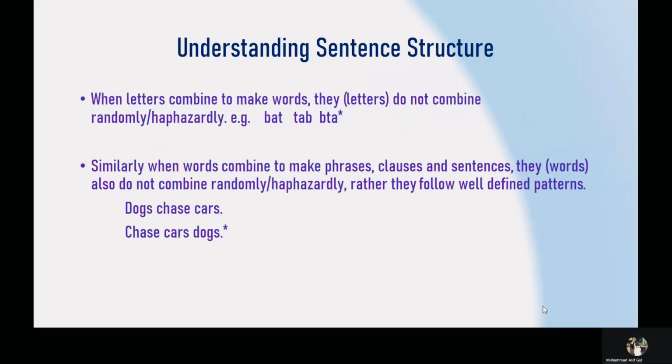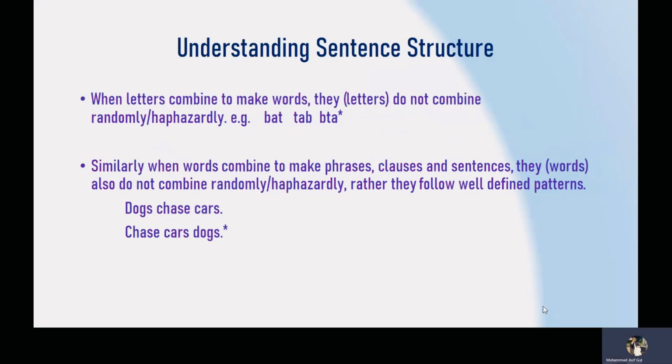Similarly, when words combine to make phrases, clauses, and sentences, they also follow well-defined patterns. Words do not combine randomly or haphazardly. They follow well-defined patterns.